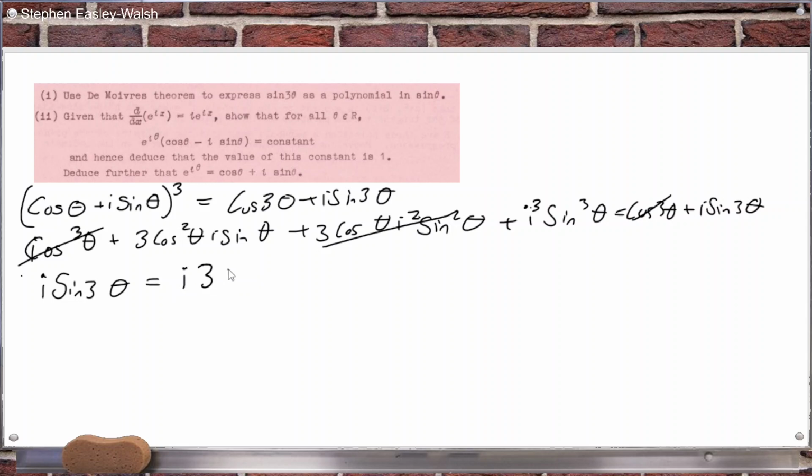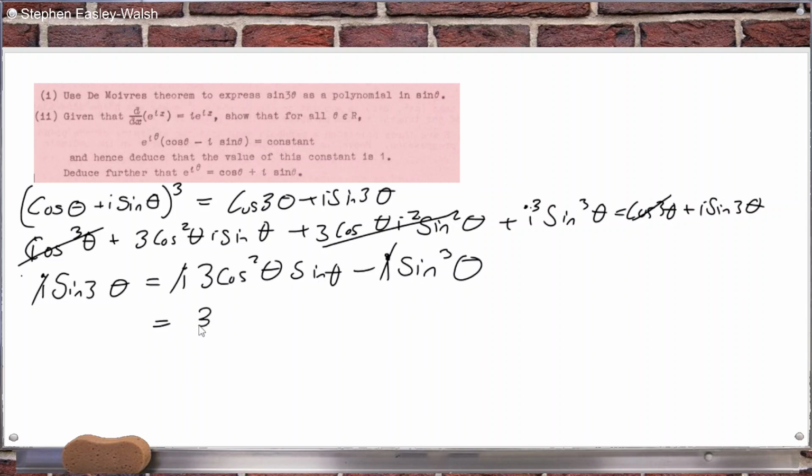3 cos squared theta sine theta, and i cubed is minus i sine cubed theta. So if we just get rid of those i's, we have to do something about the cos squared.